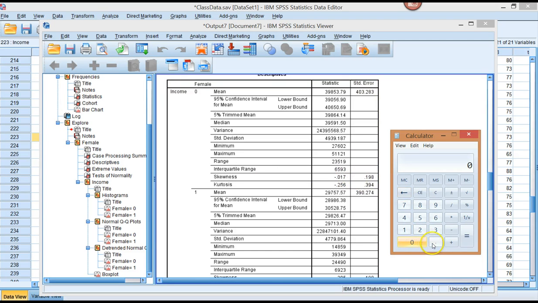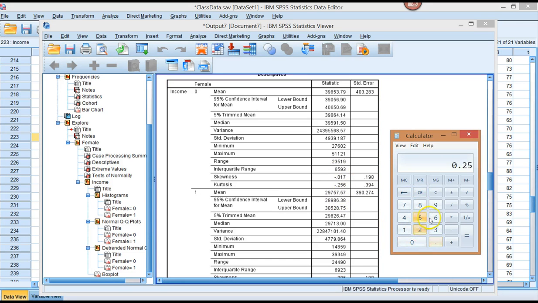So you would take, for example, 0.017 divided by 0.198, and that gives you a 0.08. And as long as this number, the skewness divided by the standard error for skewness, is less than 3, some people are more conservative and use less than 2, then it's considered still within the range of normality. We could do the same thing for the skewness, for the kurtosis.